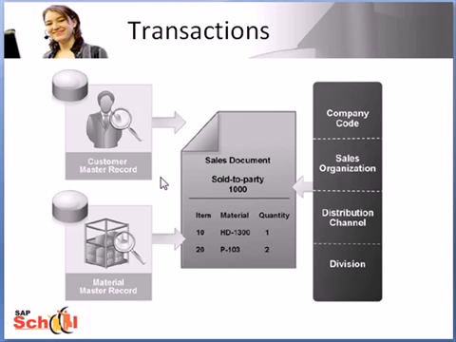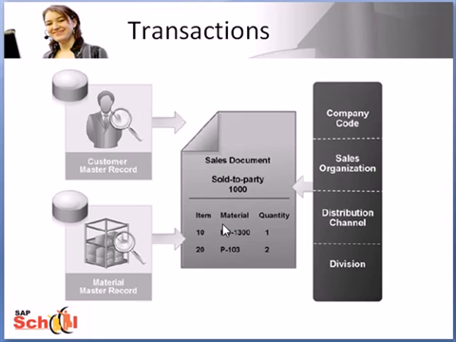Transactions are application programs that execute SAP business processes in the system. Whenever possible, master data is copied into the transaction, avoiding re-entry of data. For example, when executing the transaction create sales order, the user must enter the customer master number. This number is copied into all of the relevant customer information.